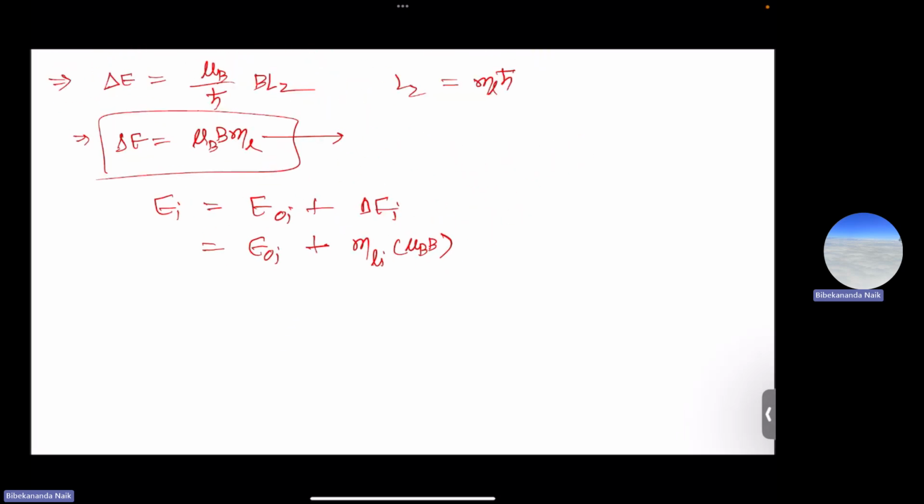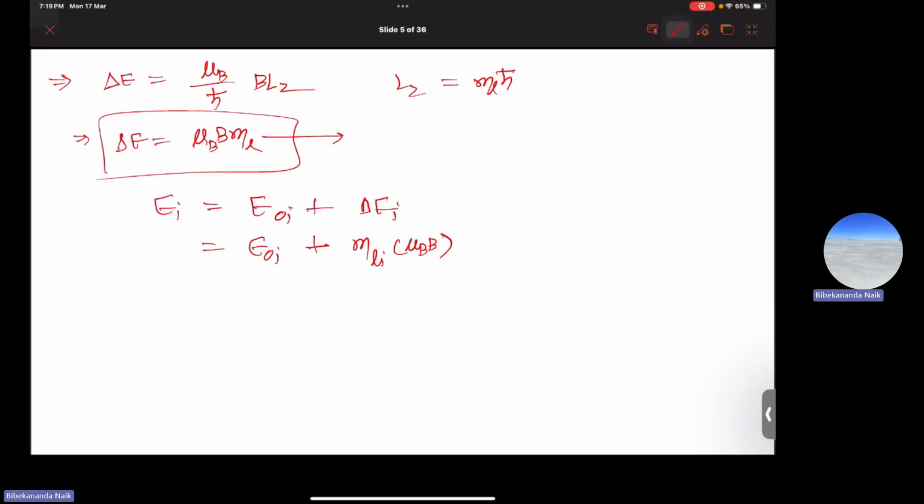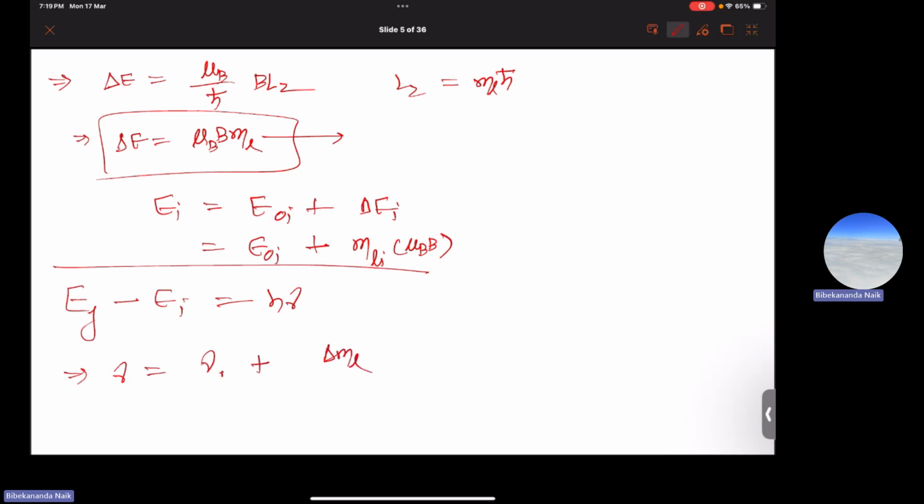When you talk about the transition, suppose the transition occurs from Ef to Ei, where it produces radiation of frequency nu. So if you calculate, nu will be nu 0 plus delta ml eB by 4 pi m. So this is the case of the normal Zeeman effect.